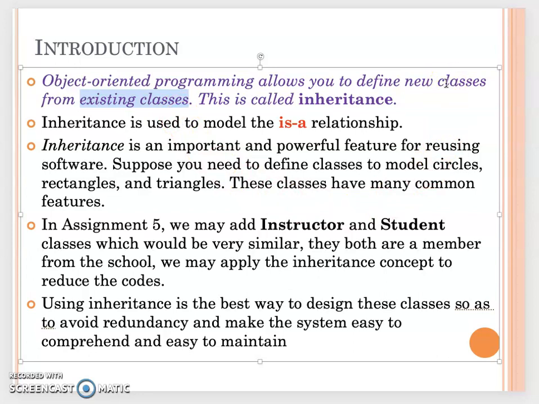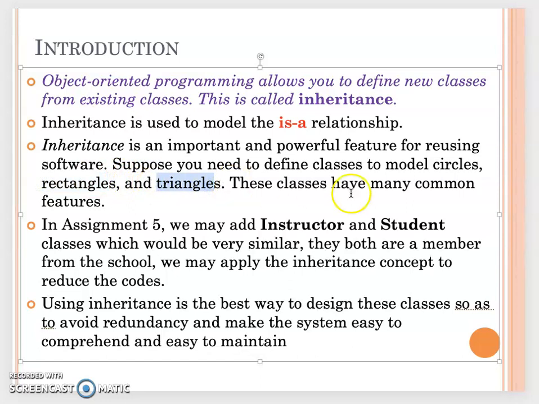For example, later we will introduce shapes. You all understand circles, right? Last week when we started using the class example, we created a Circle class. Of course, you understand the Circle class. You can create a Rectangle class. You can create a Triangle class.